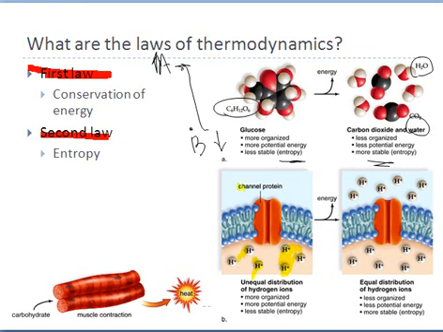Through certain channel proteins, which, if you can recall, is facilitated diffusion, hydrogen ions can go across a concentration gradient, which means that it's higher on this end and it moves towards the end where there are fewer hydrogen ions. This causes more stability but less organization. Hydrogen ions are also examples of entropy, which is based on the second law of thermodynamics. So we'll now go on to the next section pretty soon.